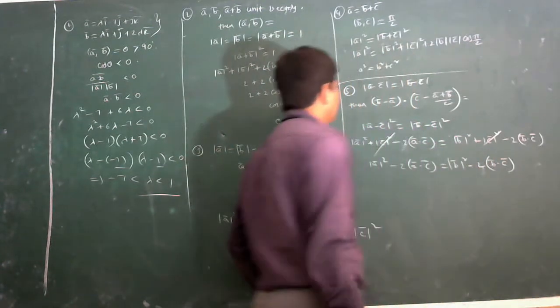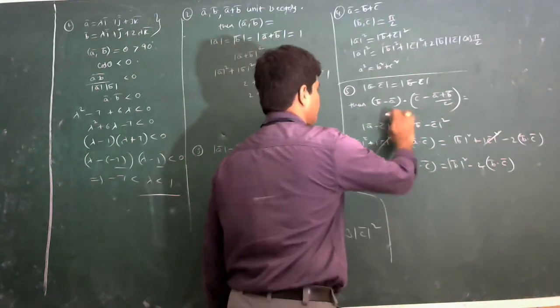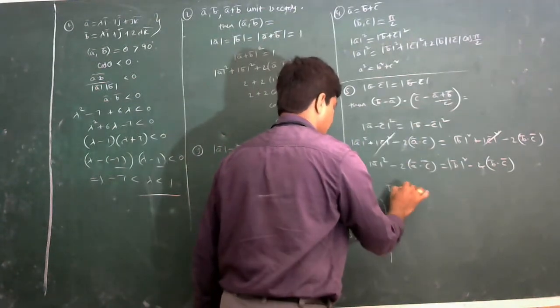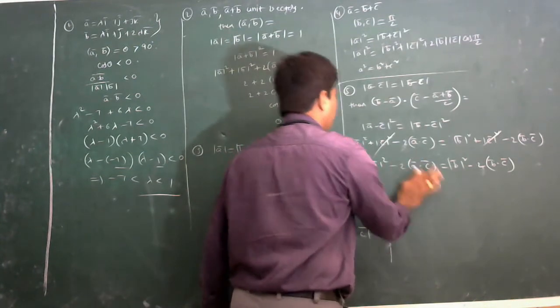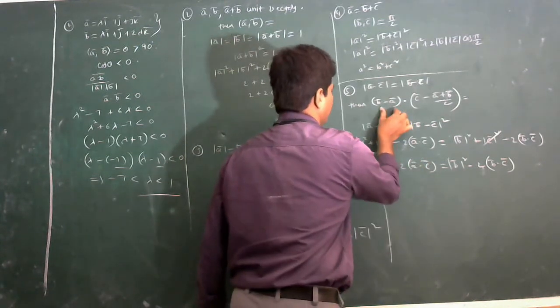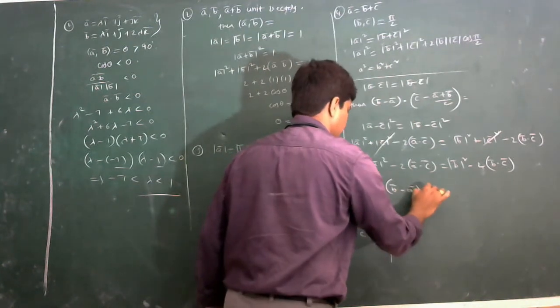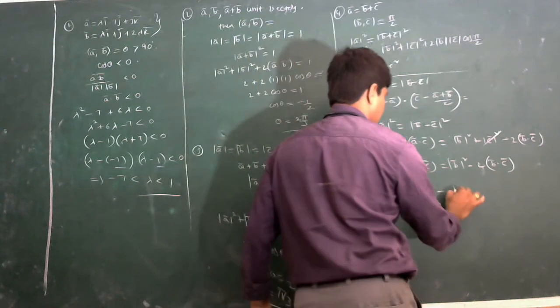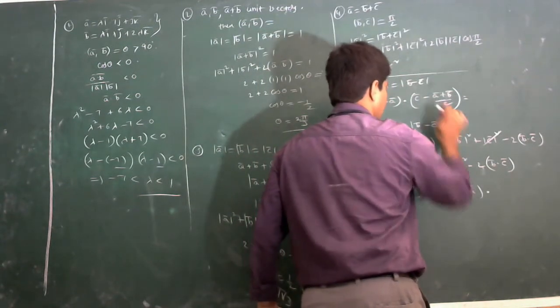Keep it like that. Now take the dot product of these two. Take the distributive product, multiply. So this is B bar minus A bar dot C bar minus A bar plus B bar by 2.